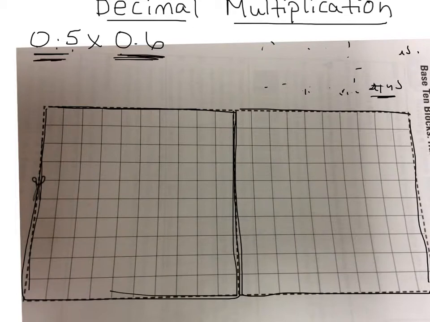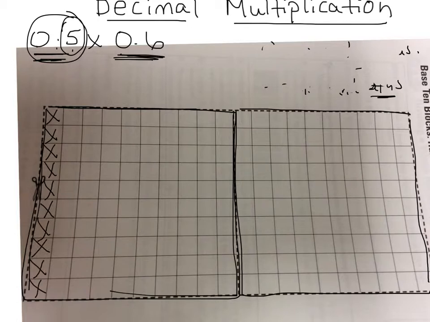So the way to represent it on the 10 by 10 grid is to take the first number here, and because this is divided in 10 by 10 sections, we have to color in 5 of those sections. I just X'd in 10.